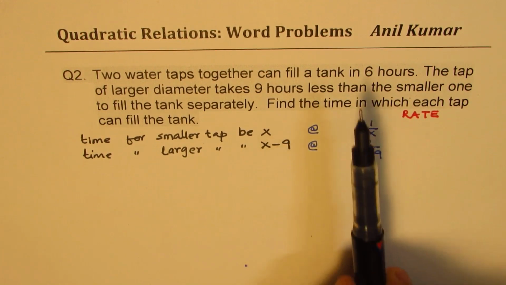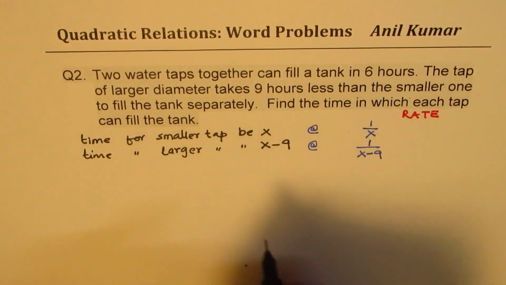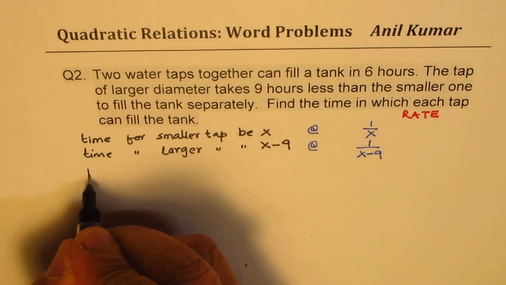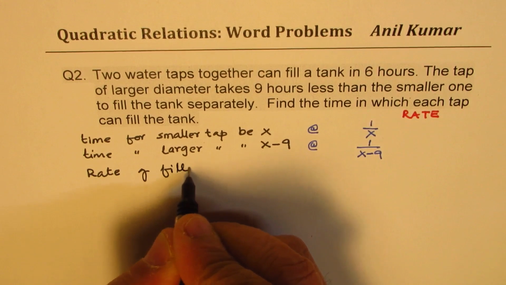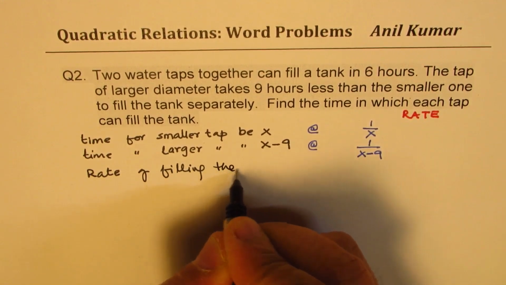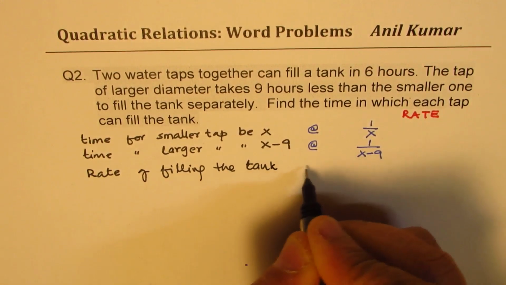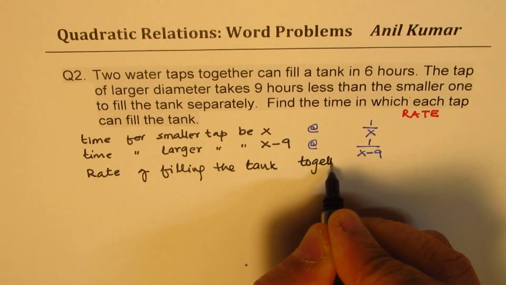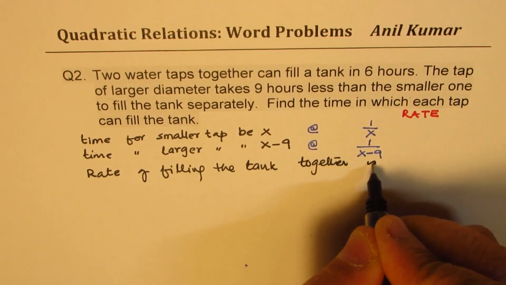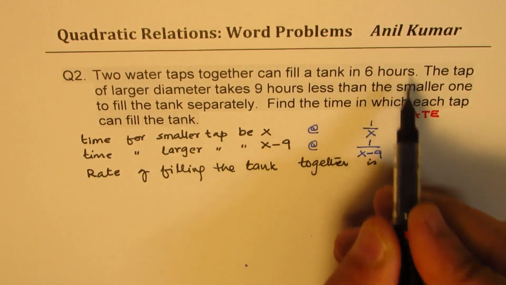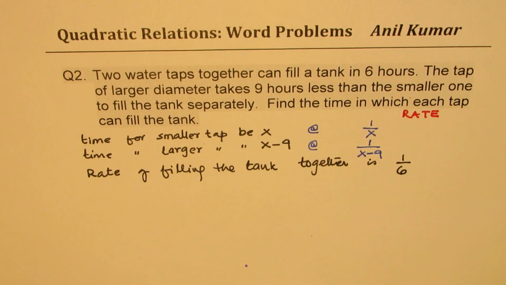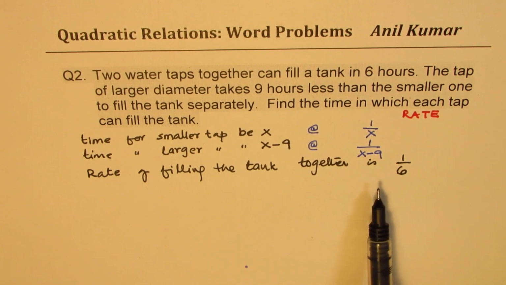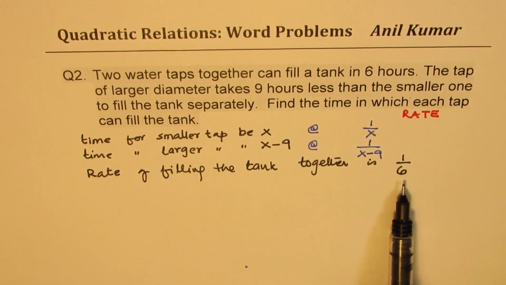Together, they take 6 hours, right? So together, rate of filling the tank together is, because it is filled in 6 hours, it is 1 over 6. Do you see that? So when they work together, then the rate is 1 over 6.